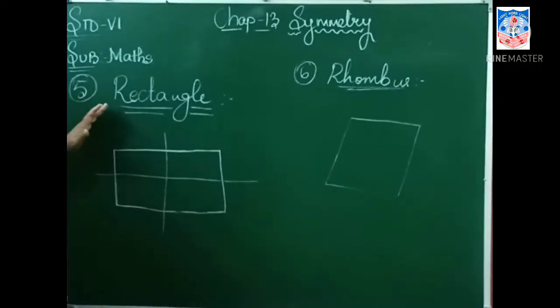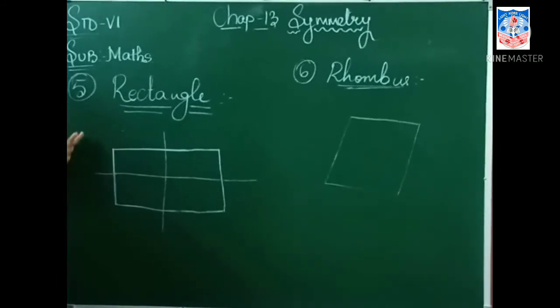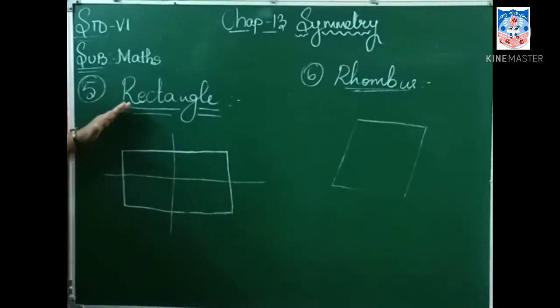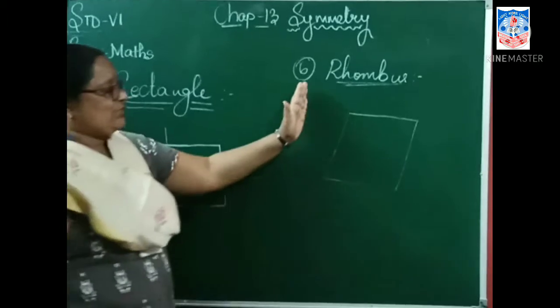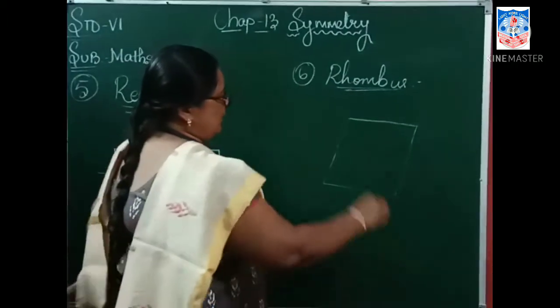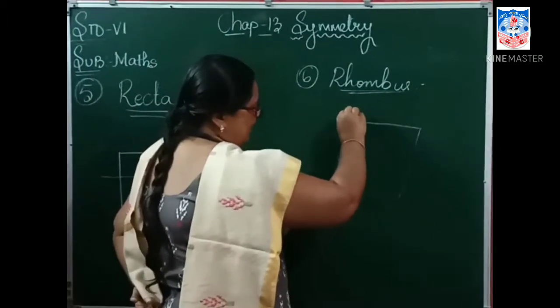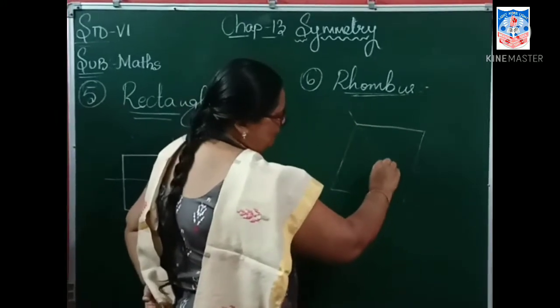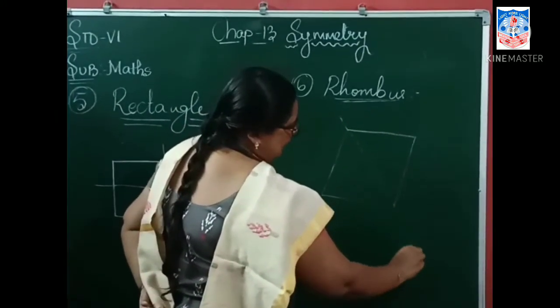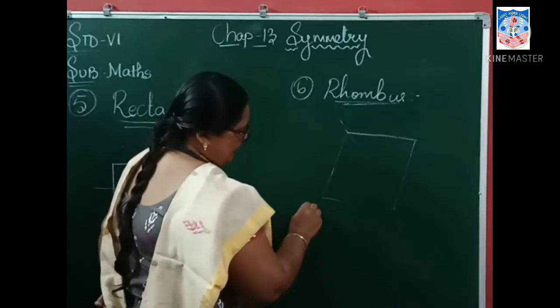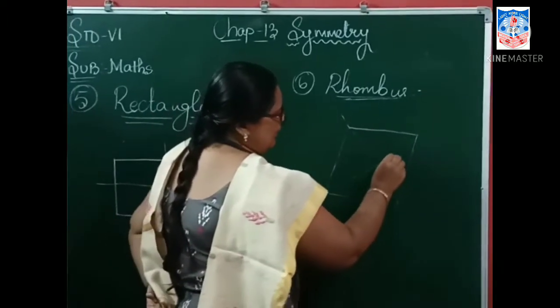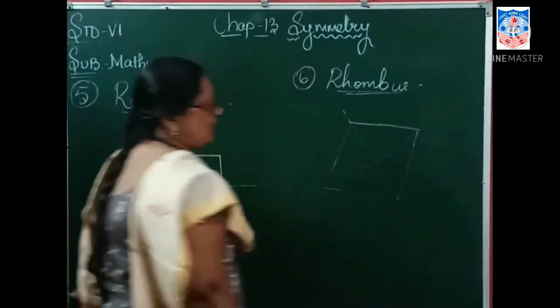Understood? That means there are two lines of symmetry in a rectangle. Now this is rhombus. In a rhombus also we can make two lines of symmetry. See, like this way and like this way. Understood?